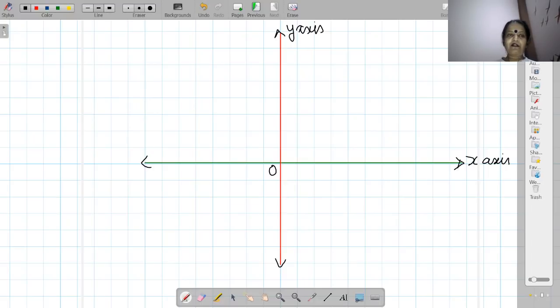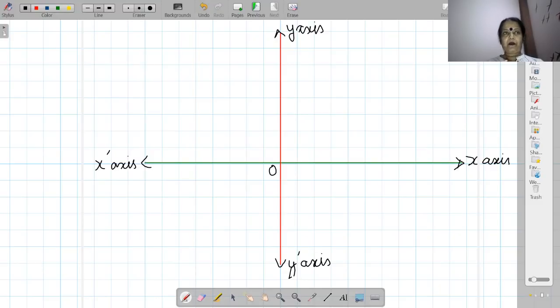That is the negative value. So normally the negative side of x-axis we denote with x dash, and the negative side of y-axis we denote with y dash. Y dash means negative value.